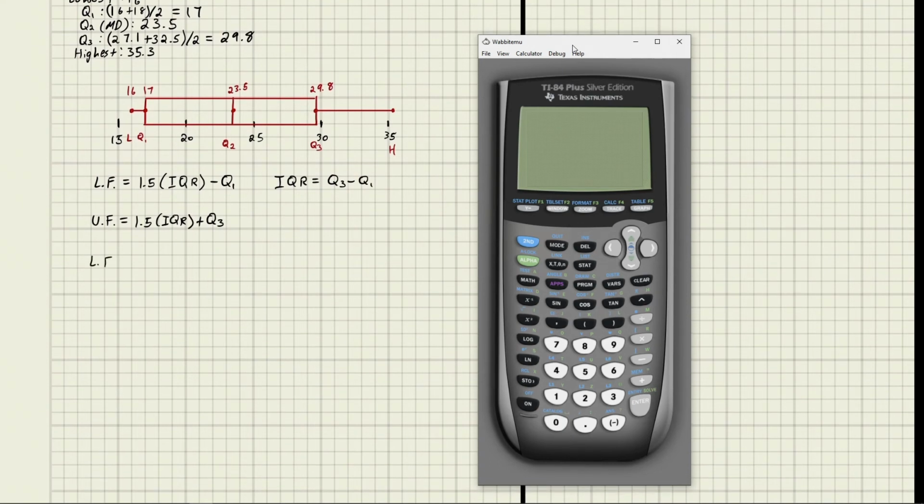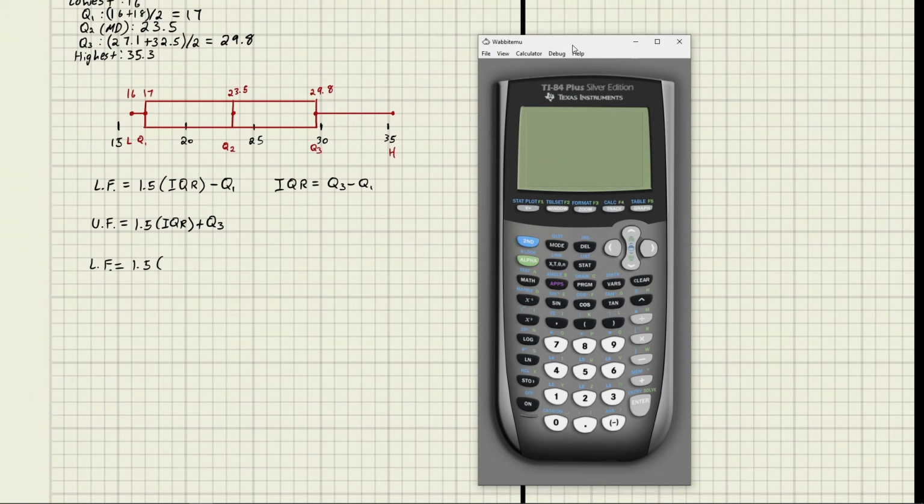The lower fence is going to equal 1.5 times the interquartile range. That's going to equal 29.8, that's the third quartile, minus 17. 29.8 minus 17, and we get 12.8.